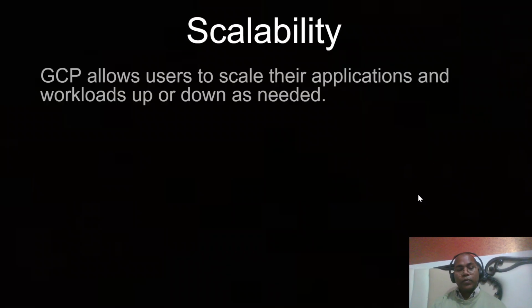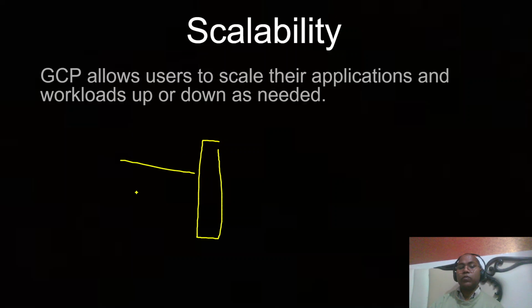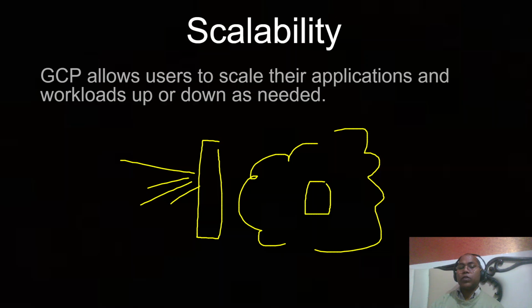As we discussed, scalability means whenever your application receives requests, you as an application development team are not responsible for how the application scales. We just deploy the application and tell Google Cloud, can you maintain the scalability?